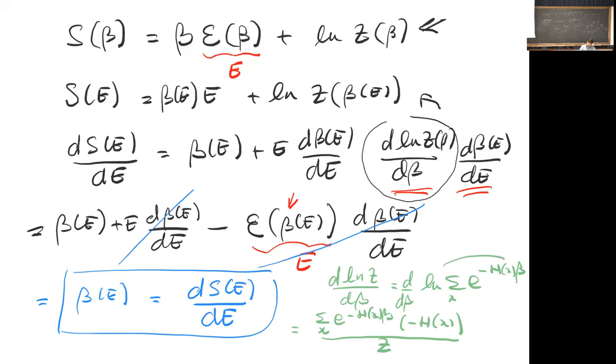And this is exactly minus the internal energy. Do you see it? This is the average of the Hamiltonian with a minus. So it's minus the internal energy. You see it?